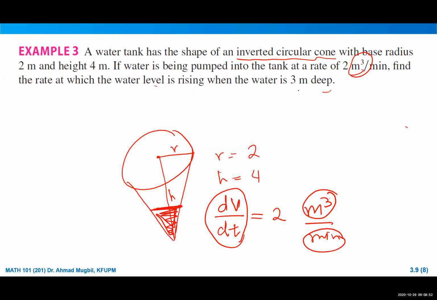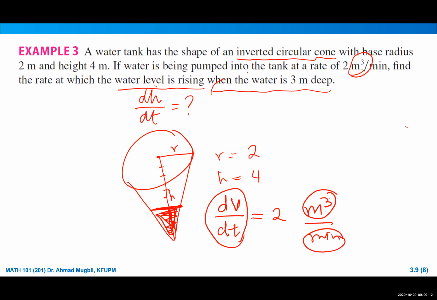Let's say the water is up to here. So what we want, he's asking about the level rising. So he's asking about dH dt. Am I right? Yes. Because this is the level.